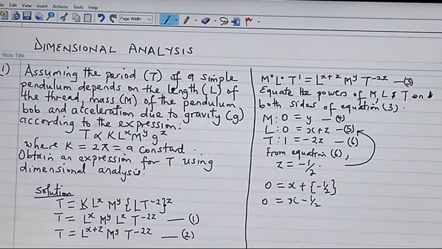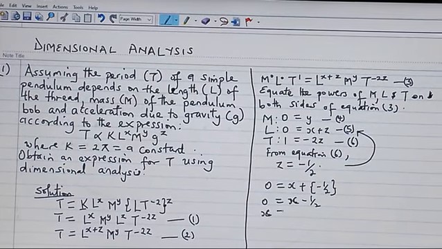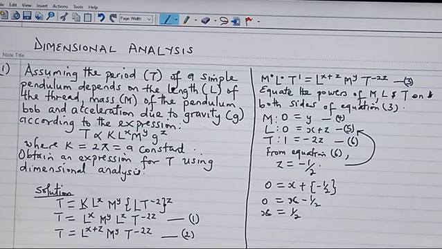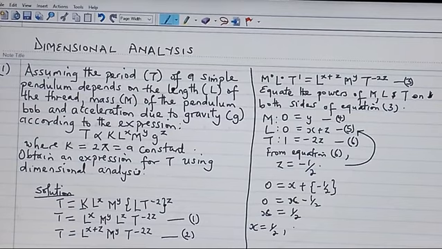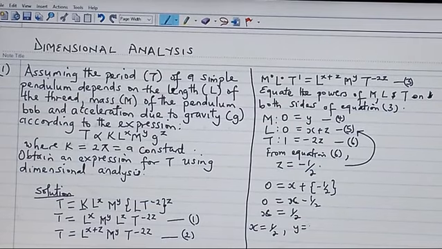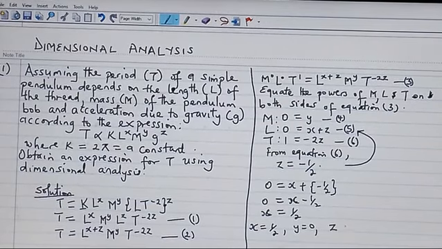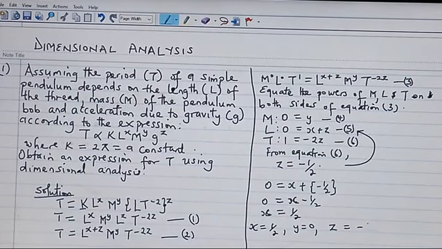So if we move this across the equality sign, then X will equal to positive half. So our answers are X equal to positive half, Y is equal to 0, and Z is equal to minus half.